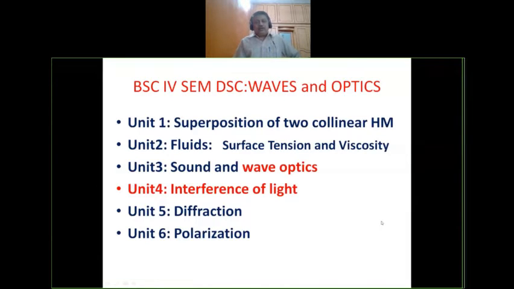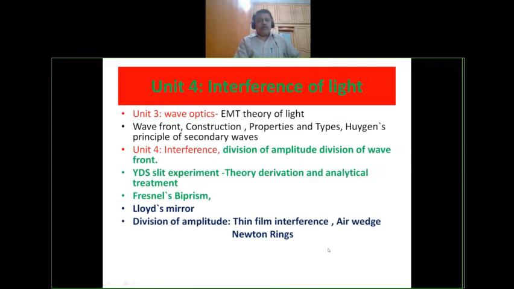We have seen in the previous slide that in BSc 4th semester waves and optics, we have 6 units. In the third unit we discussed wave optics, and in the fourth unit interference. What we are going to see today is division of amplitude and division of wavefront.